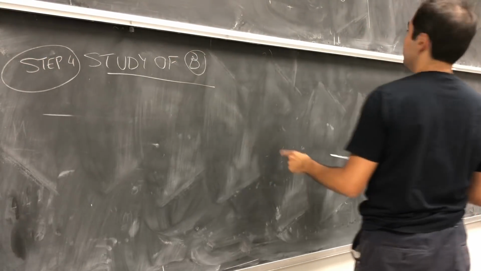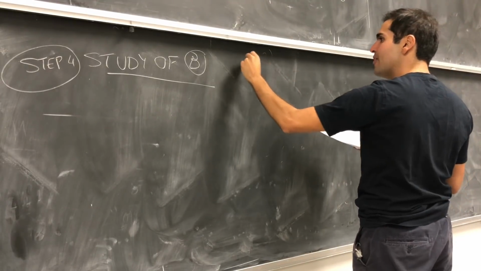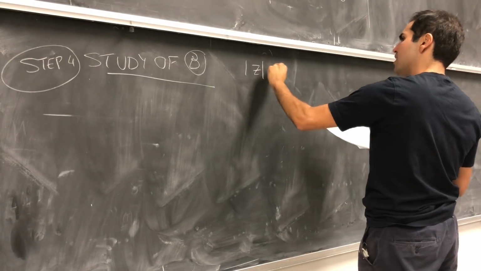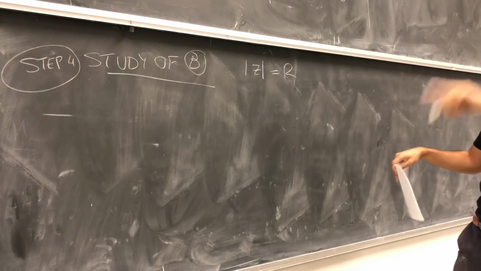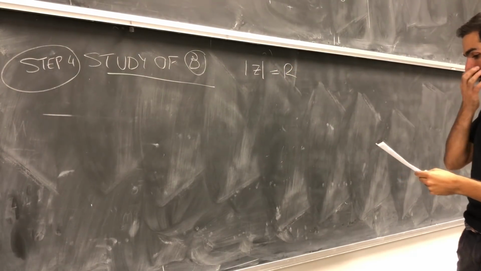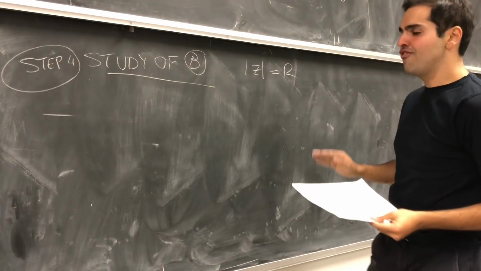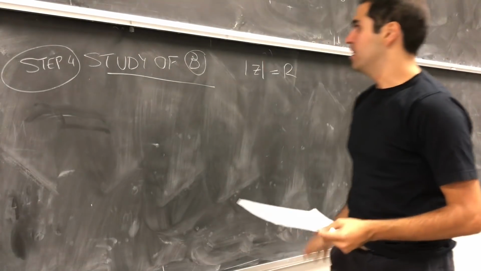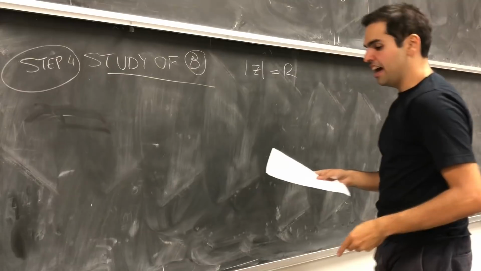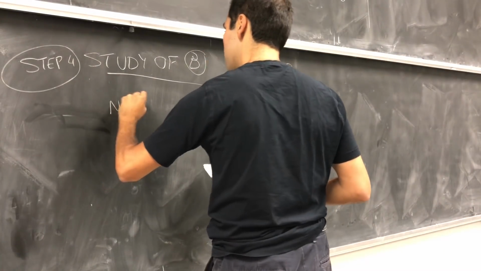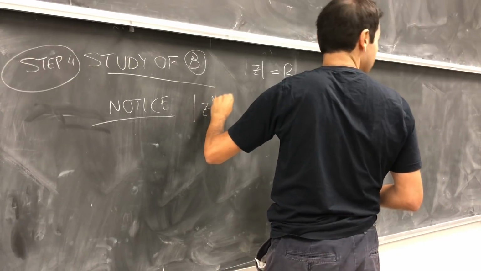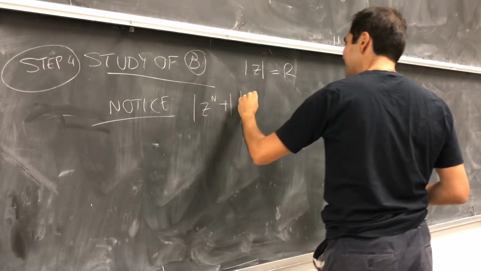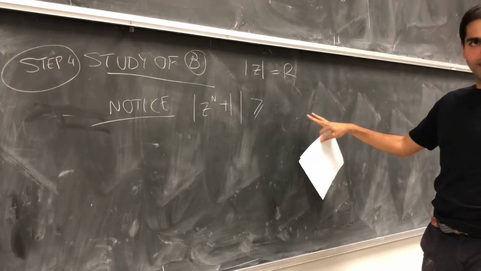And the point is, on B, we actually have that the modulus of z equals r, because we're on that part of the circle. And notice there's a little fact that we need, because we want to show that the modulus of z to the n plus 1 is greater or equal to something.